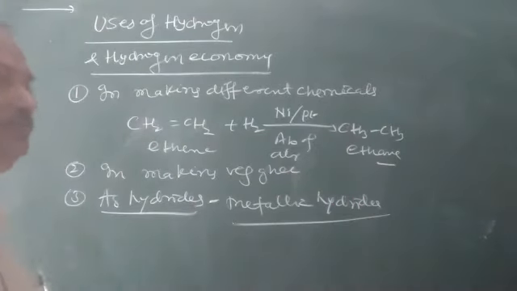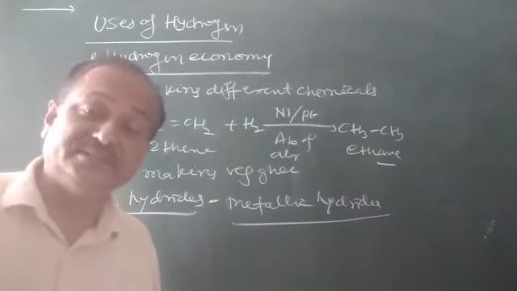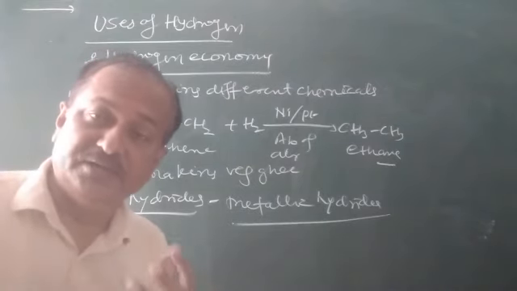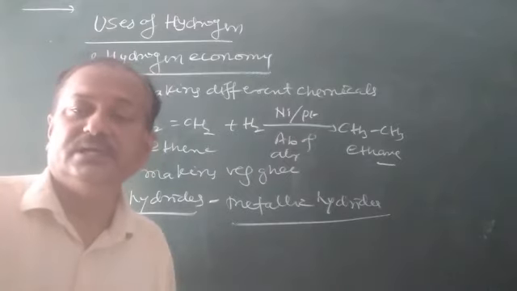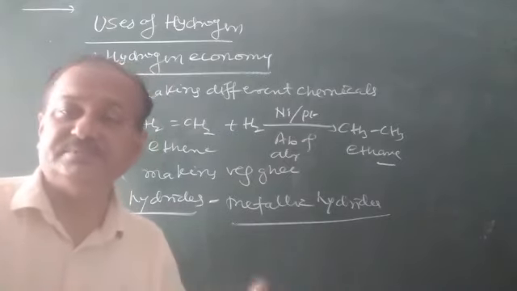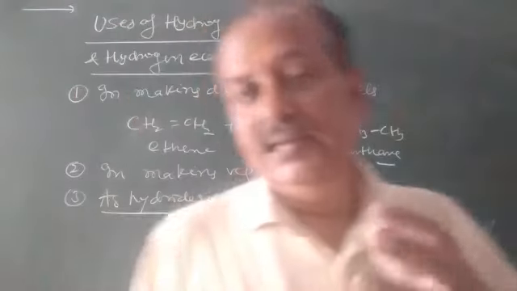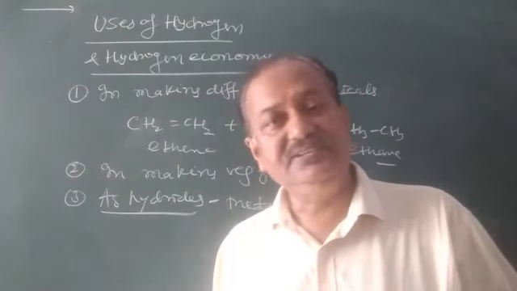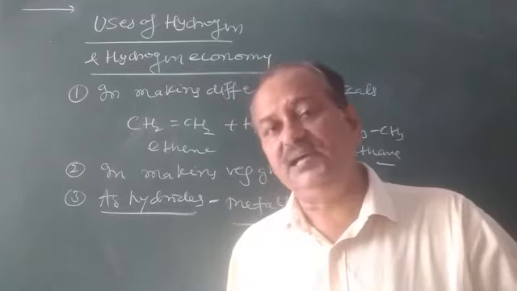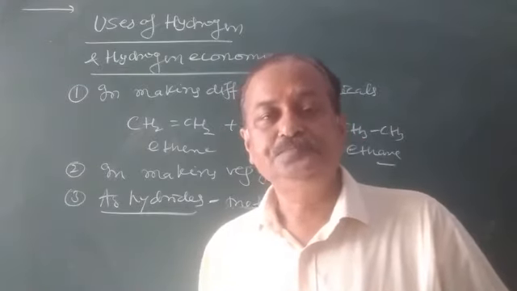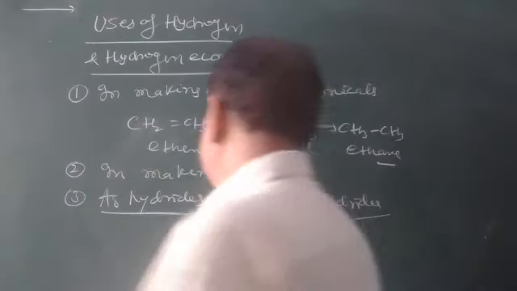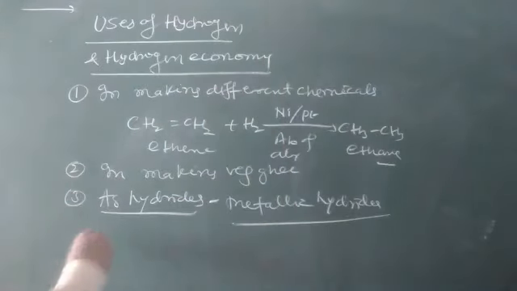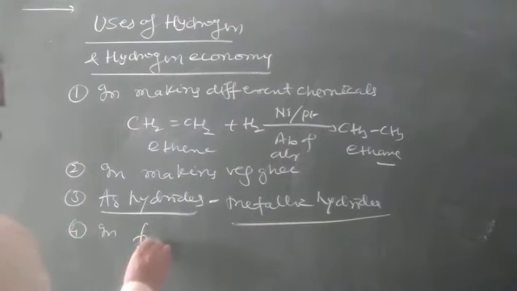They are believed to be the future of energy in terms of renewable energy, or in terms of any energy which cannot be lost, just reversible reactions, because metallic hydrides are interstitial hydrides, so hydrogen atoms are placed in between the interstitial places, and so a reversible reaction takes place. So, metallic hydrides.